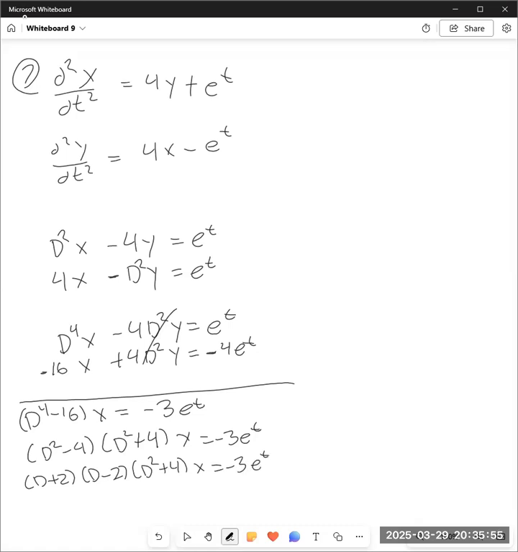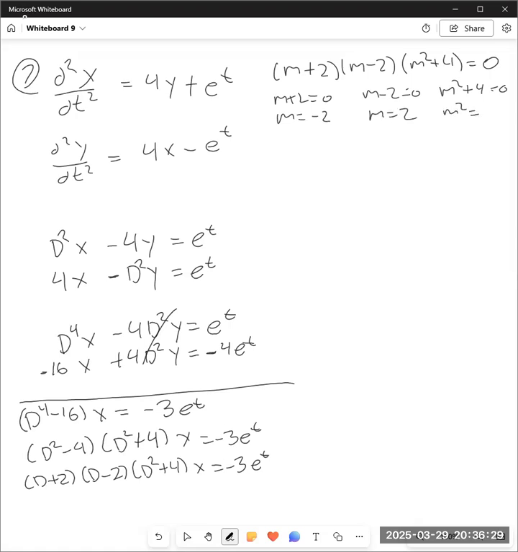Changing that to auxiliary equations, we have to find our homogeneous portion of our solution, our complementary portion of our solution. m² + 4 = 0, m + 2 = 0, m - 2 = 0. m = -2, m = 2, m² = -4, which means m = ±2i.